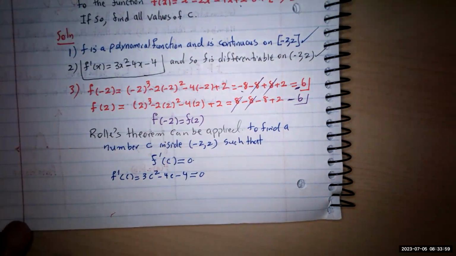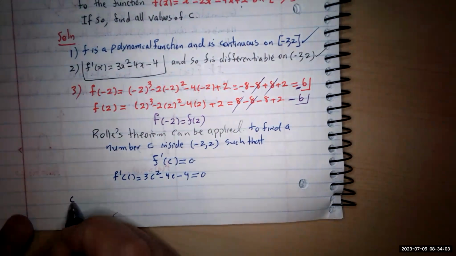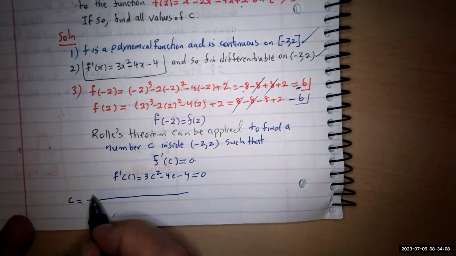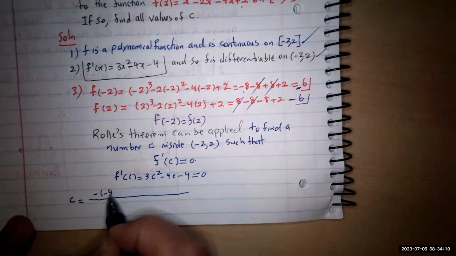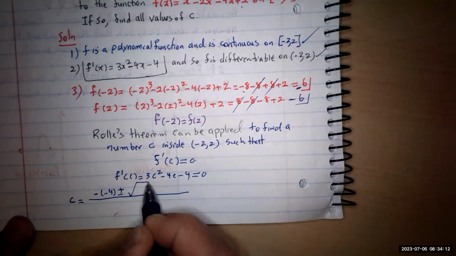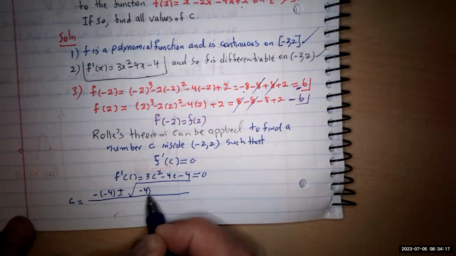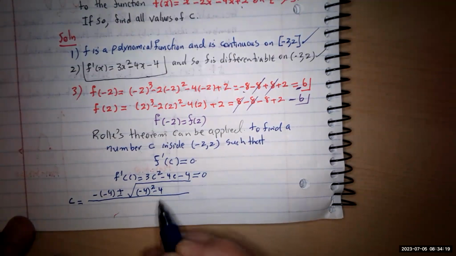You may need this one. So that's it, the quadratic formula. C equals negative b, so negative (-4), plus or minus the square root of b squared, that's (-4) squared, minus 4 times a times c.